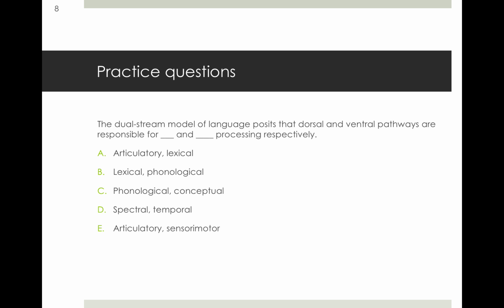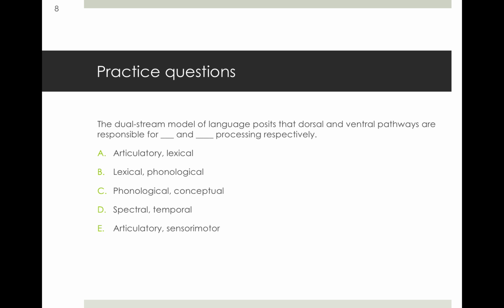What would not be right is, articulatory and sensory motor are kind of the same thing, right? Phonological is almost only in the early parts of the whole system, so almost only in the superior temporal lobe, whereas conceptual processing you could think of as part of the ventral system, but that's not really a real dichotomy. And then there's lexical and phonological.